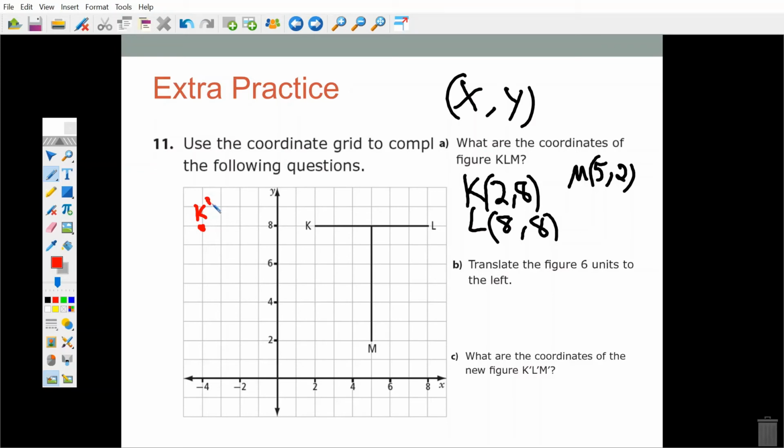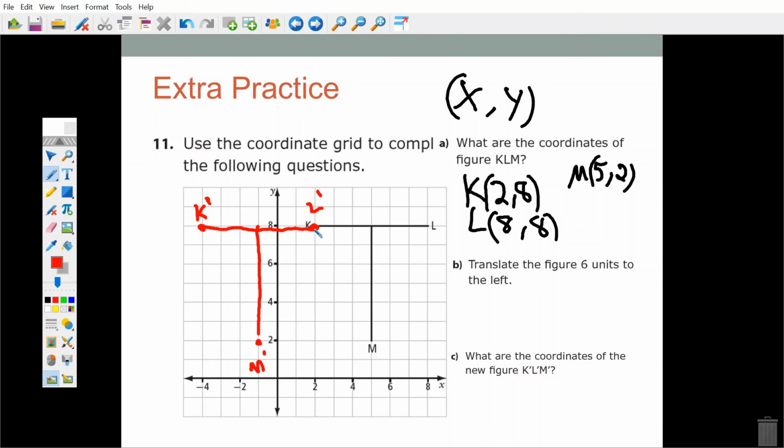It's K with a little number 1 beside it. For the L, 1, 2, 3, 4, 5, 6. It'll be right there. And for M, 1, 2, 3, 4, 5, 6. It's down here. So our new shape looks like this.